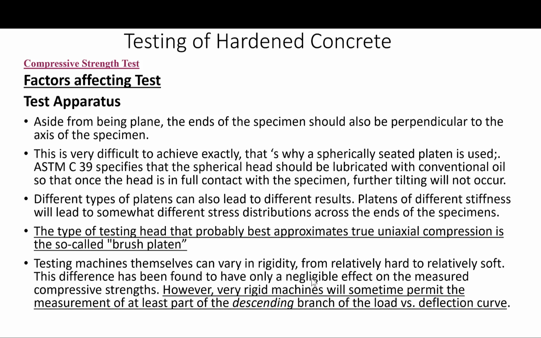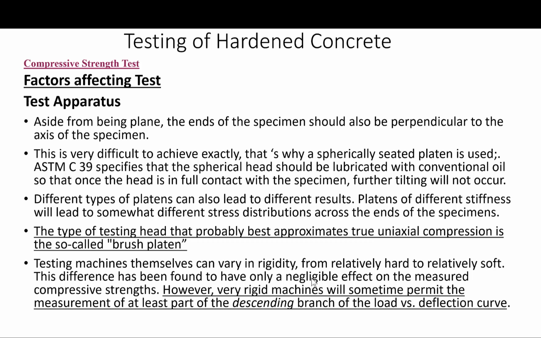This difference has been found to have only a negligible effect on the measured compressive strength. However, very rigid machines will sometimes permit the measurement of at least part of the descending branch of the curve of load versus deflection. We talked about this in the previous section, if you remember.